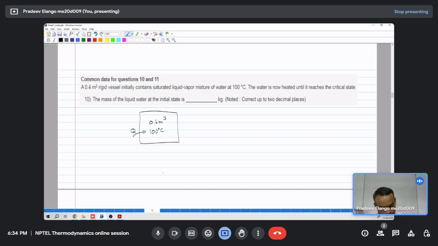Now at critical state we know the specific volume, that is V2 or V critical, and using that and the volume we can calculate the total mass.